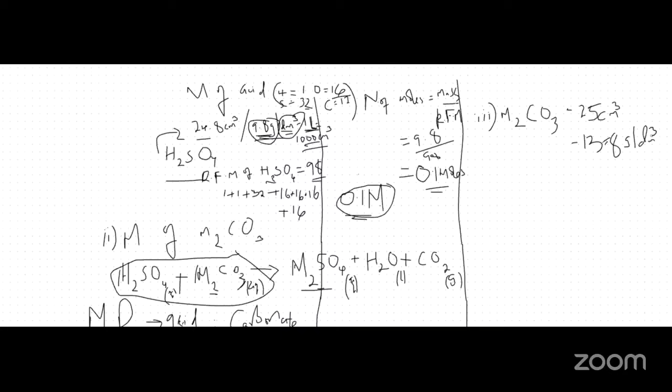We have the formula: number of moles is equal to mass over RFM. Listen to the way we solved the first one. I don't know if you are getting the place I am focusing on, Monica. Yes, teacher. So we use that formula. We say number of moles is equal to the mass over the RFM.